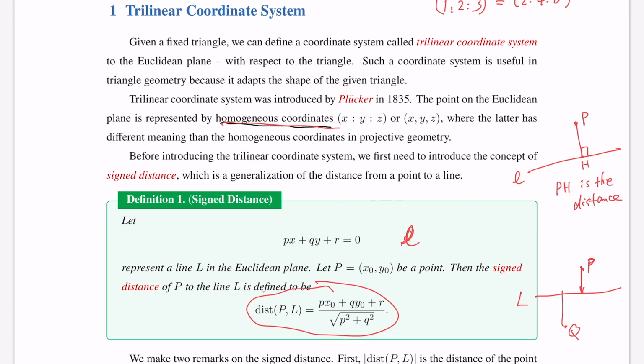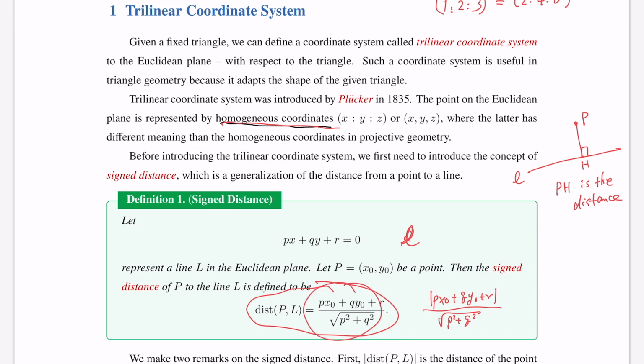Just compare this formula to the formula |px0 + qy0 + r| over the square root of p squared plus q squared. Now, if we fix the line capital L, then both formulas are functions of x0 and y0.